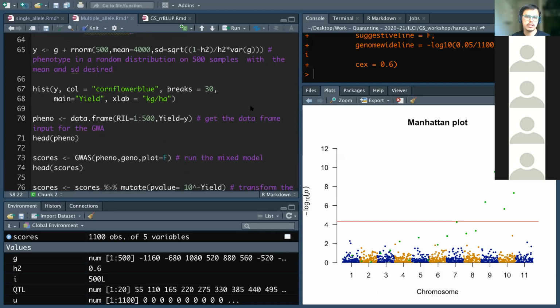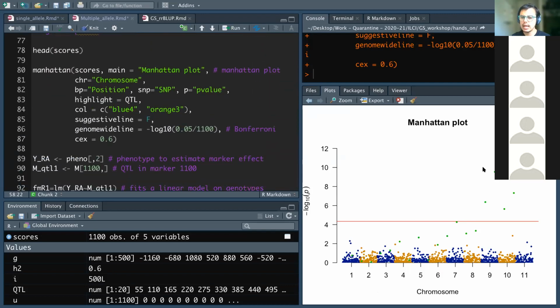So those are the effects in the phenotype. But as you can see here, we have 20 real QTLs, but we are just able to detect in this example 1, 2, 3, 4, 5, 6 QTLs. So from 20 QTLs, we were just able to detect 6, and that is a really common problem.